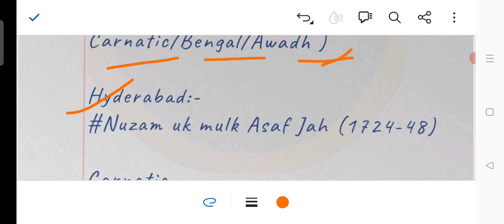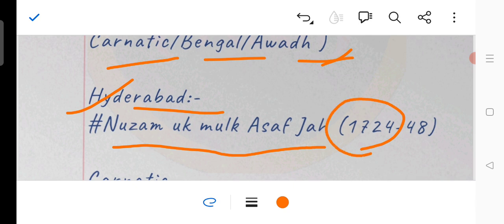As we have seen, there were three types of states now: successor state, new state and independent state. So let's start first with the successor state, and the first state which we are going to cover is Hyderabad. The Hyderabad state was founded by Nizam ul Mulk Asaf Jah in 1724 and he ruled up to 48.